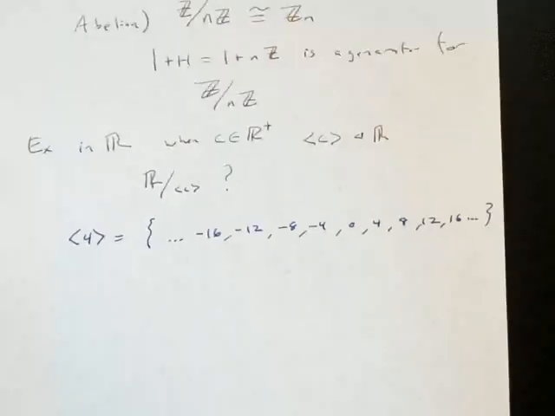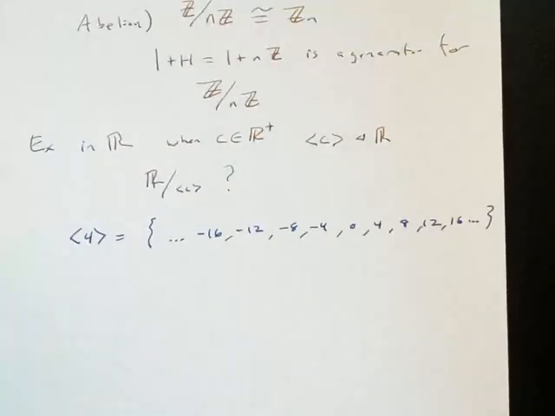There's the subgroup generated by 4 under addition in the real numbers. What's a coset of this? Plus 4.